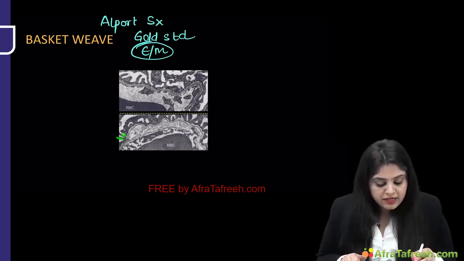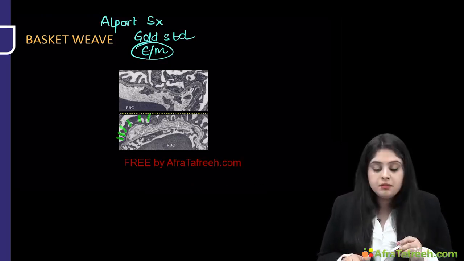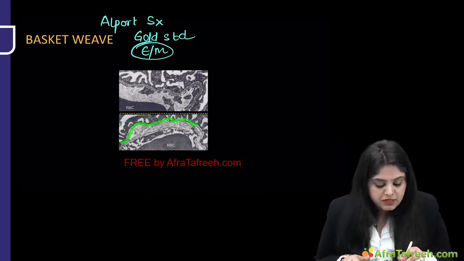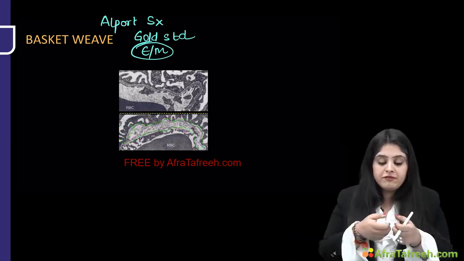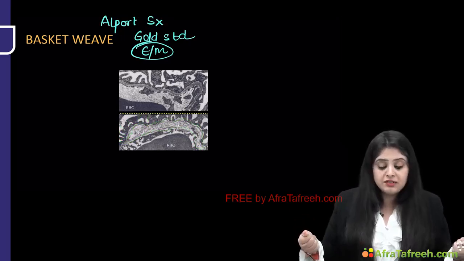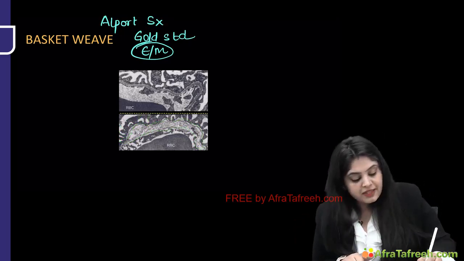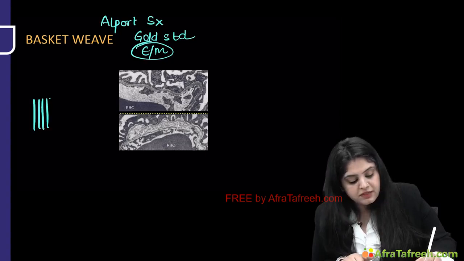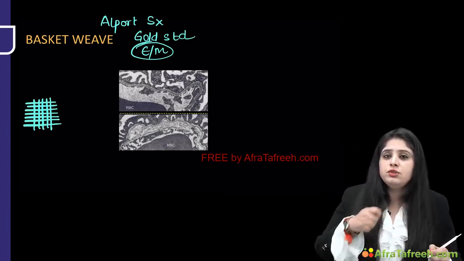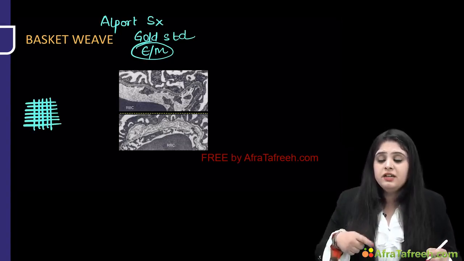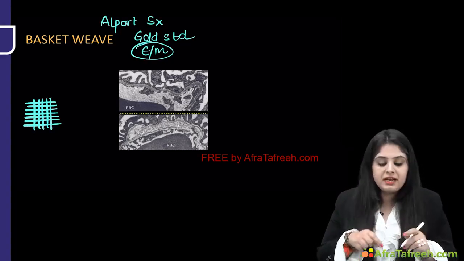Now, again, when I see the feet, everything is fine, but the basement membrane below the feet is looking very different, as if I have tried and pulled 2 pieces apart. That is what has happened to the basement membrane. That is what you call a basket weave. You must have seen this pattern, how weaving is done, how jute chairs and baskets are made, right? That weaving, that square hole pattern.